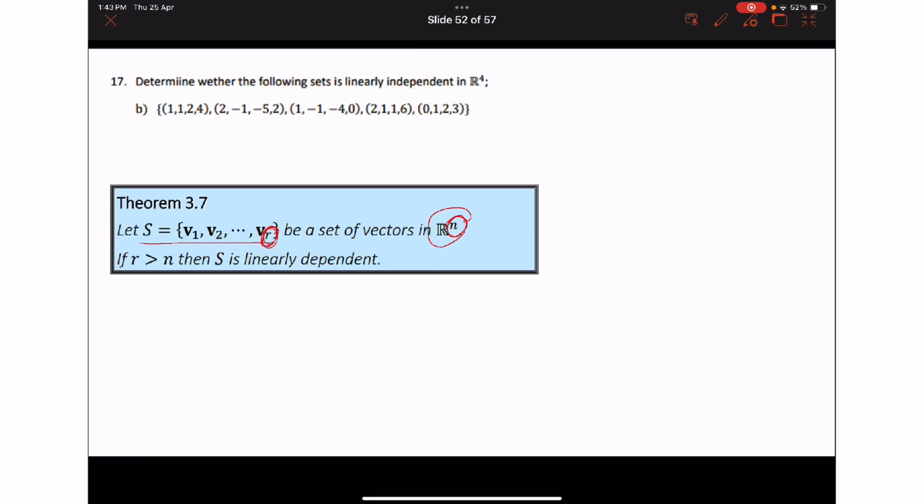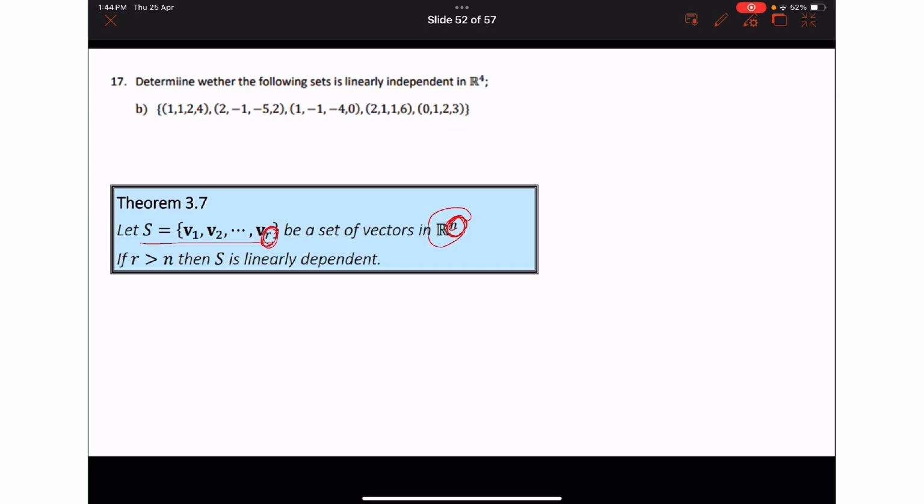That means if the number of elements in S is greater than n, the dimension of Rn, then the set is linearly dependent.